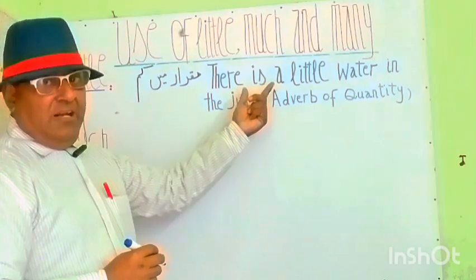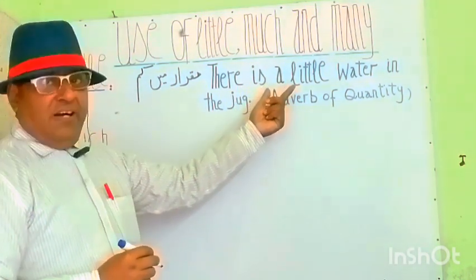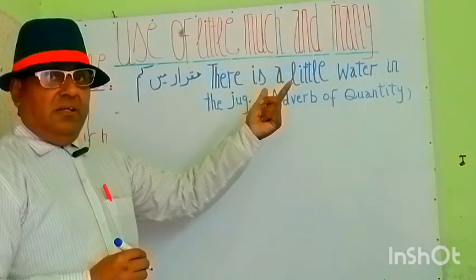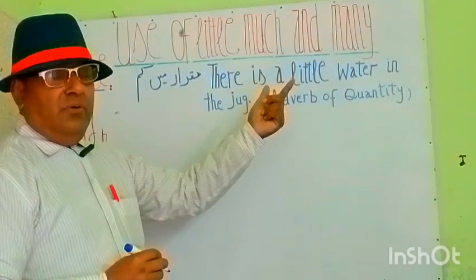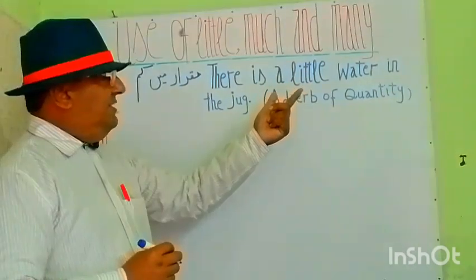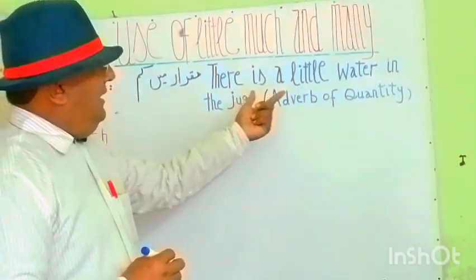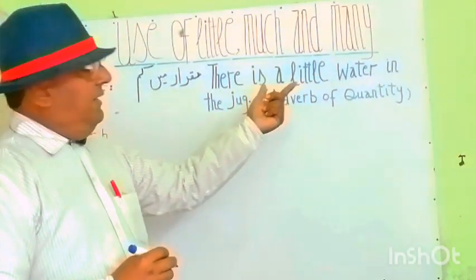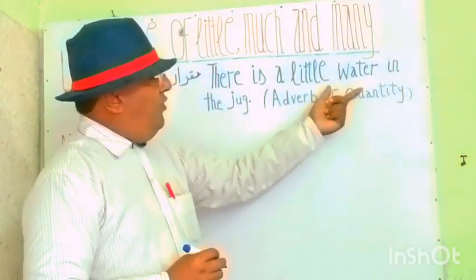Is a helping verb. A is an article. आर्टिकल जो है ये सिंगुलर नाउन को ज़ाहिर करने के लिए इस्तेमाल किया जाता है. तो a little water. So water is नाउन. थोड़ा सा पानी. A little means थोड़ा सा. Water पानी.